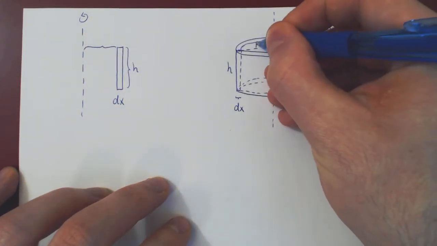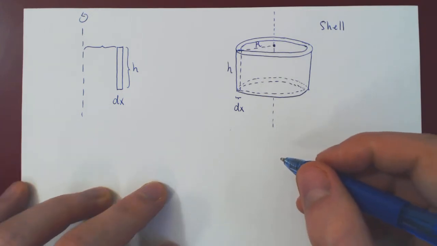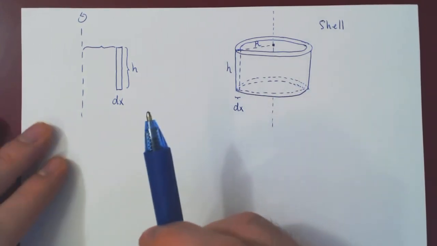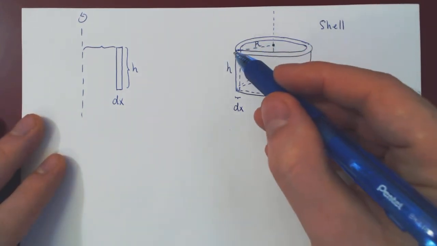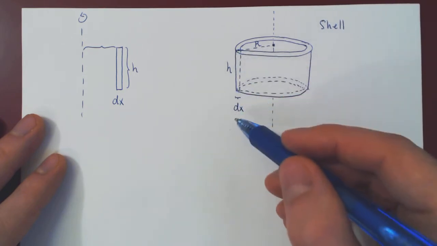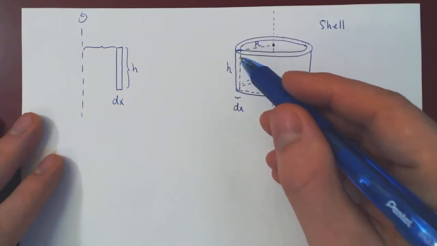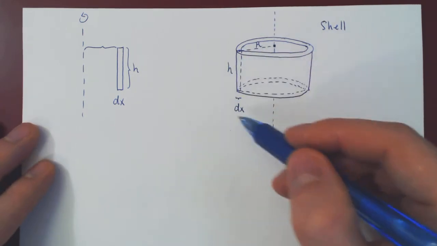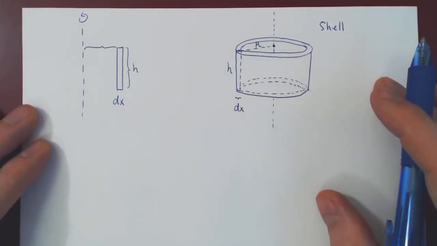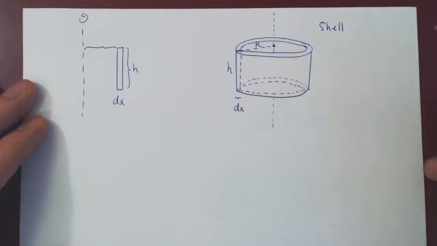We can call this uppercase R. So now we have our measurements. We have the radius of the shell, the height of the shell, and the thickness of the body of our shell. But how does that help us find the volume of this cylindrical shell?